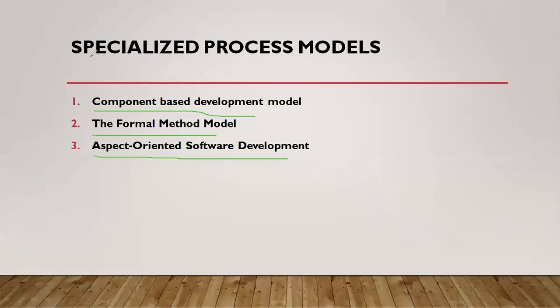Coming to the second one, the formal method model: here some mathematical functions are added to execute certain projects. For some projects, there is a need for mathematical functions, and for such functions we go for the formal method models.